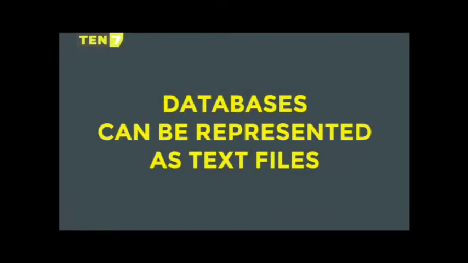Luckily, databases can be represented as text files, so we can make a backup of a database. And the way we work at 10.7 is we actually have a copy of the database in our repo. Now, that's okay when you're working on smaller sites where you perhaps don't have such a large amount of content.